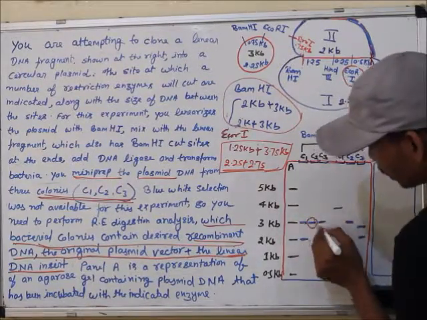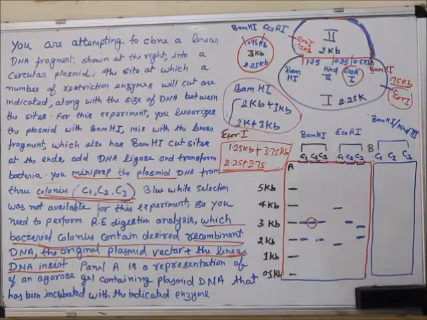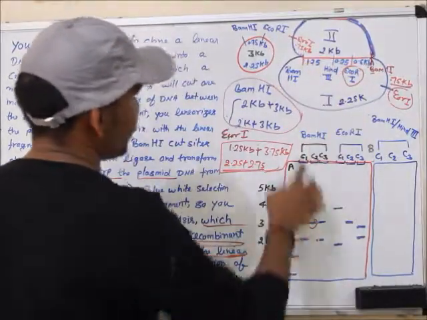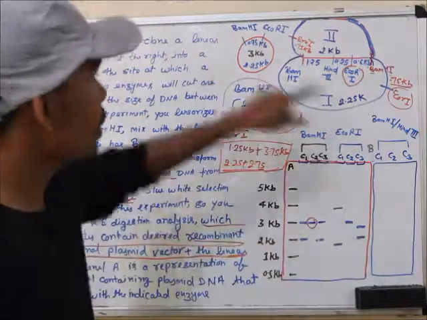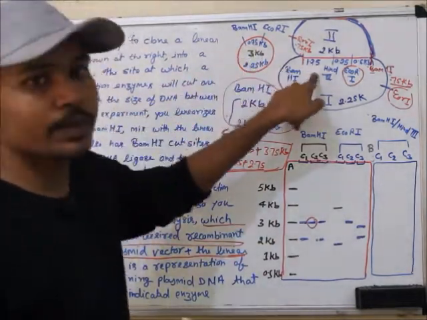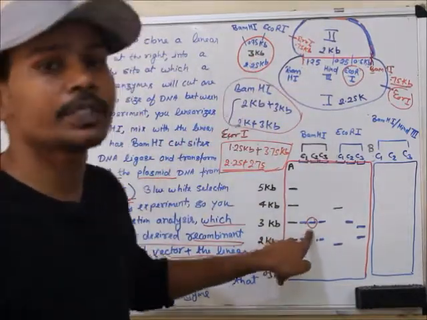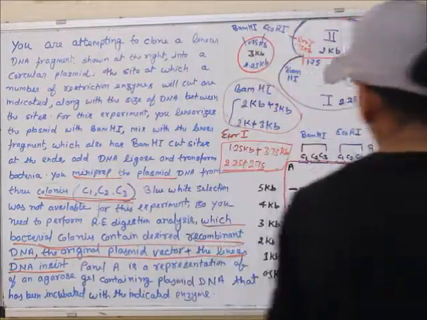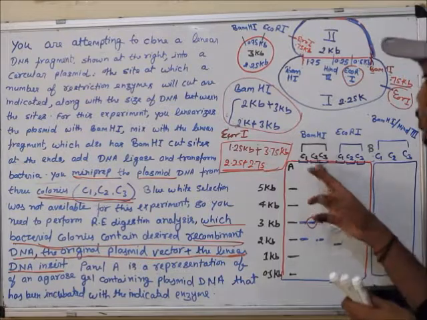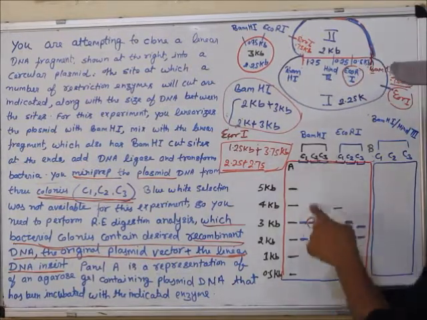C2 carries only a single fragment, there is no other fragment. Why? Because if no transformation occurs, the total plasmid length is 3 kb, so only a 3 kb band will be obtained. That proves C2 does not carry the foreign DNA; transformation is unsuccessful in C2.